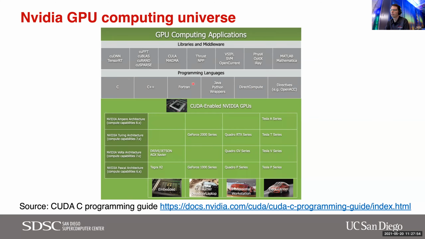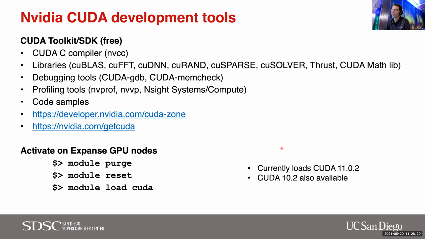Natively C and C++, because CUDA is an extension to C, but also Fortran, and then there are wrappers for Java, Python, and of course directive-based programming. And basically any Nvidia GPU is CUDA enabled. So if you write code that runs on Expanse, it will run also on your desktop computer or laptop, depending on what type of GPU you have.